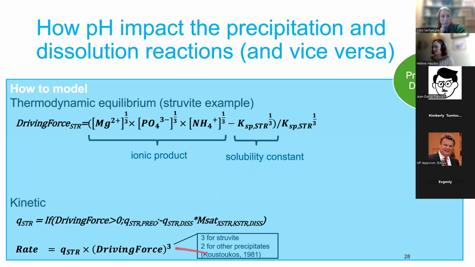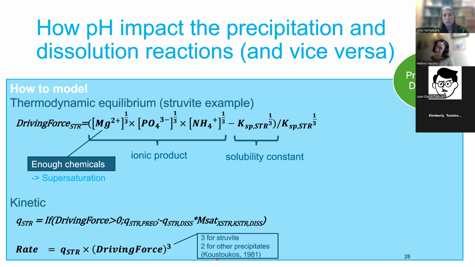And that is cubed or squared depending on the precipitate. We follow the publication from Koutsoukos from '81. And to increase the precipitation, we should ensure that we have enough chemicals, and so we have supersaturation, especially if we want to recover the precipitates.